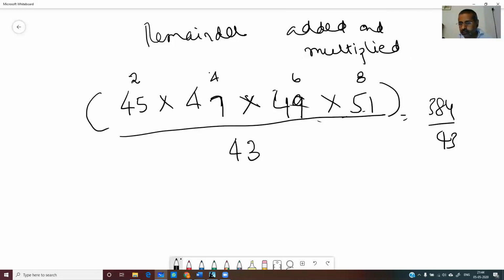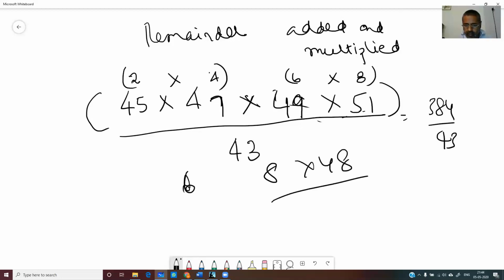I can do it still faster. How can I do it? I can split it, because this rule works everywhere. I take 2 into 4, and 6 into 8. 6 into 8 is 48. So now this becomes 8 into 48 divided by 43. 8 divided by 43, what is the remainder? 8.